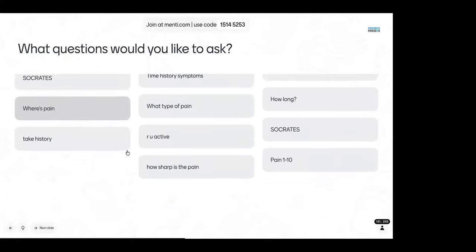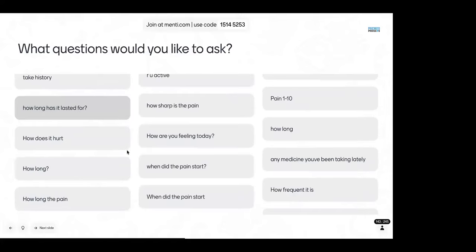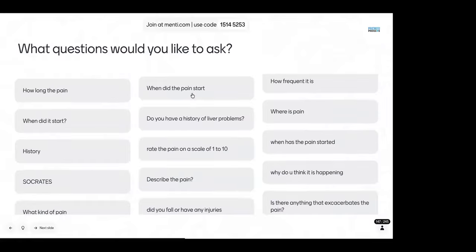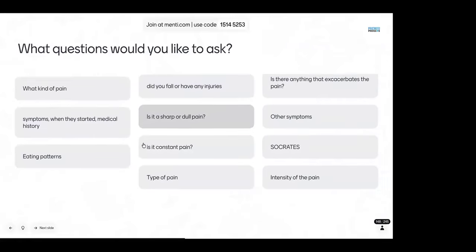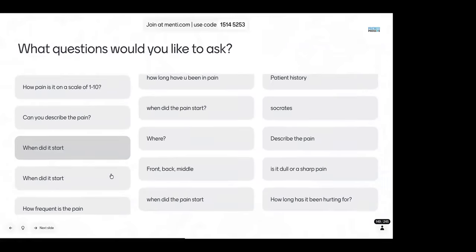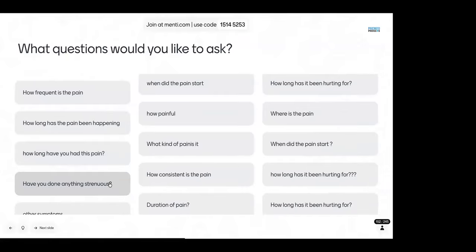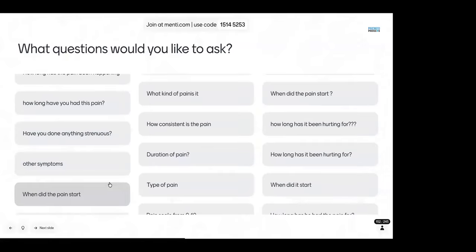Excellent. So some really good questions here. I like how some people start with open-ended questions like, how are you feeling? Very good. And then we'll move on to Socrates. Yeah, so don't worry if it seems confusing to you.